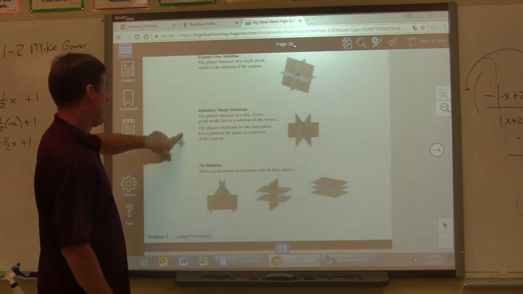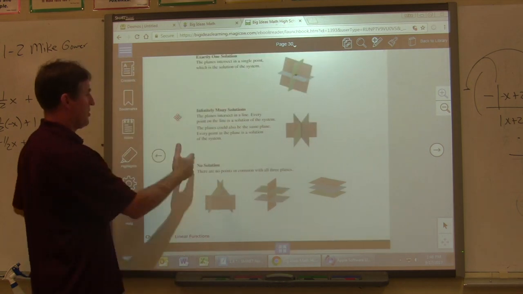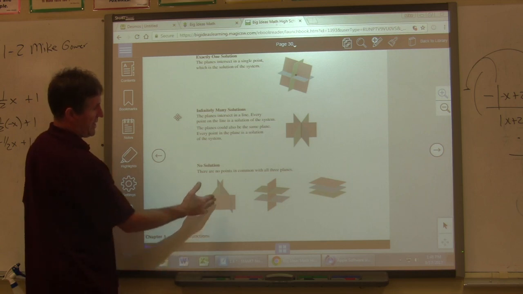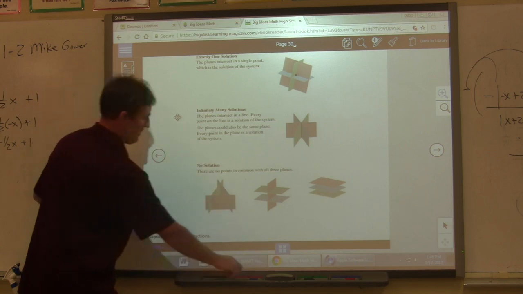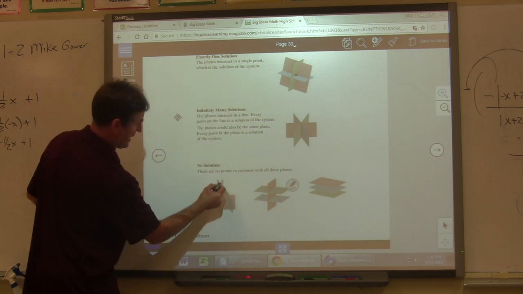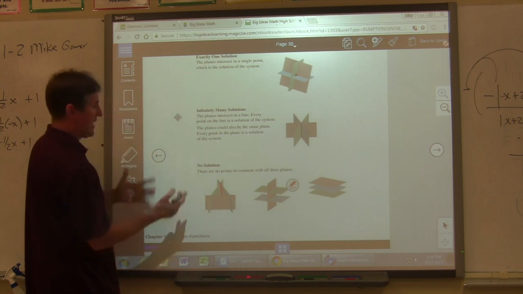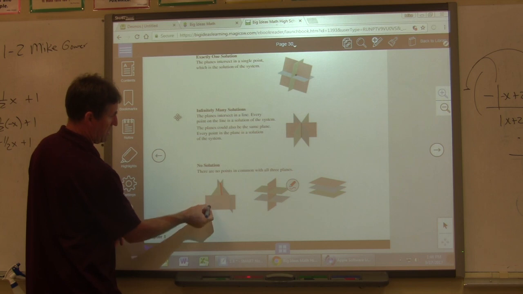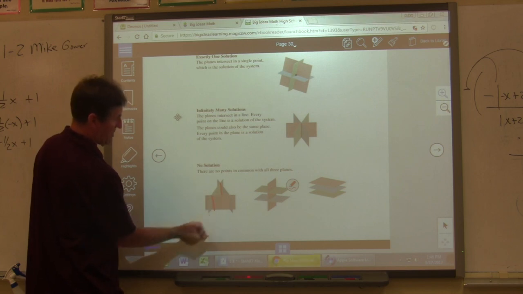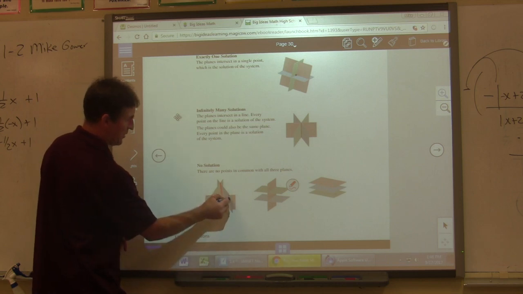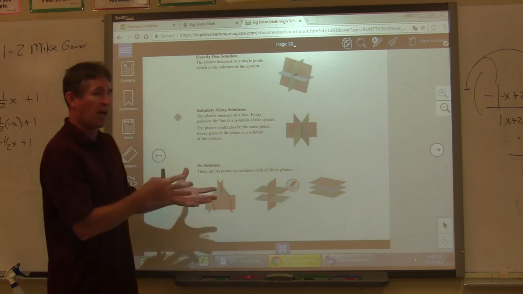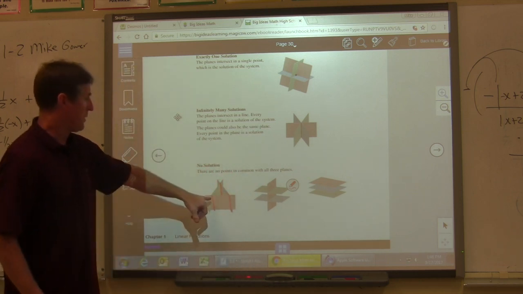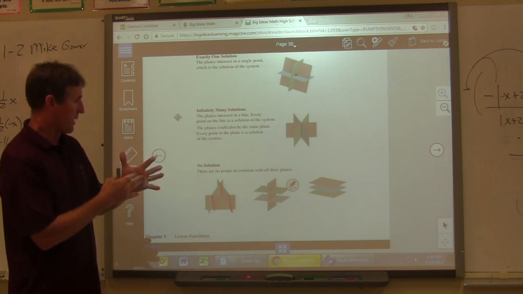And then you can have an example of no solution, because none of the points work. Where the blue and the green intersect would be on this line right here, and none of those are the same value. The green and the black intersect on this line, and this one intersects on that line, so there is no point where all 3 planes intersect at the same place.